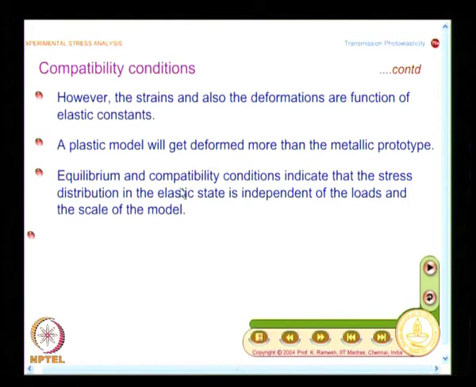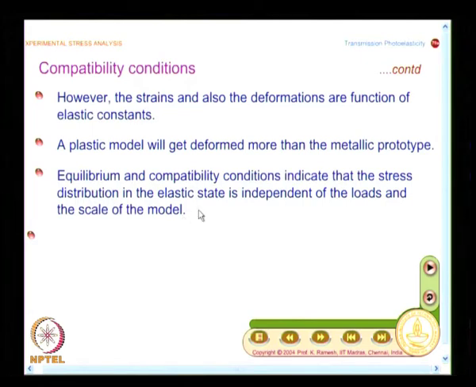So, what we find here is that the equilibrium and compatibility conditions indicate that the stress distribution in the elastic state, all these are very important. We are not looking at the plastic condition, we are looking at the elastic state, and we are only discussing photoelasticity, we are not looking at photoplasticity. So, with such kind of modeling, the stress distribution is independent of the loads and the scale of the model.